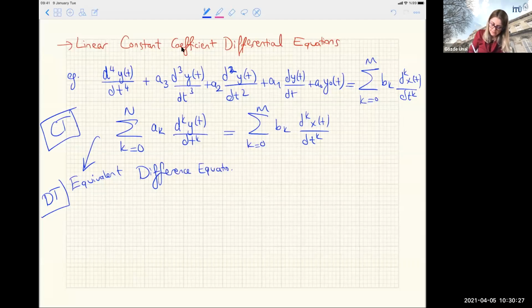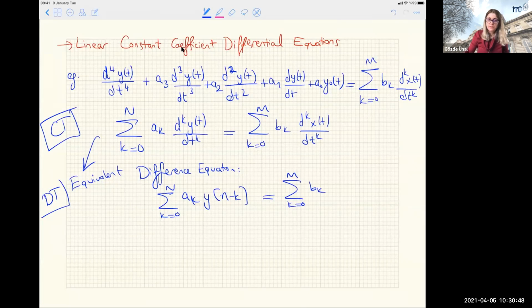Okay, so I can really say sum over k equals 0 to n. Let's maybe write it a little bit less to leave space here. Sum k equals 0 to n, ak y of n minus k, equals sum k equals 0 to m, bk x of n minus k, okay?